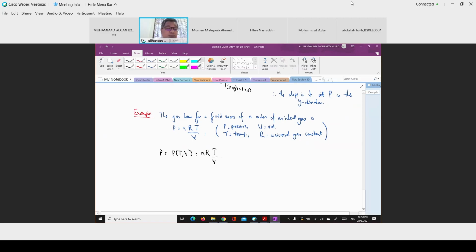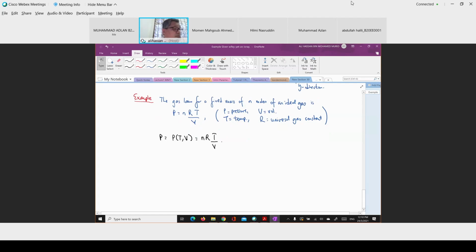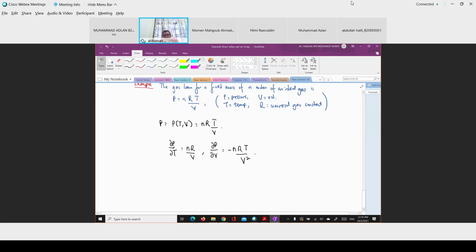Therefore, we can measure the rate of change of P with respect to T. We have nR over V. And the rate of change of the pressure P with respect to the volume is equal to minus nRT over V squared. So partial derivatives are important when you want to measure the rate of change of a function of several variables. To measure the rate of change with respect to a particular variable, we can use partial derivatives.